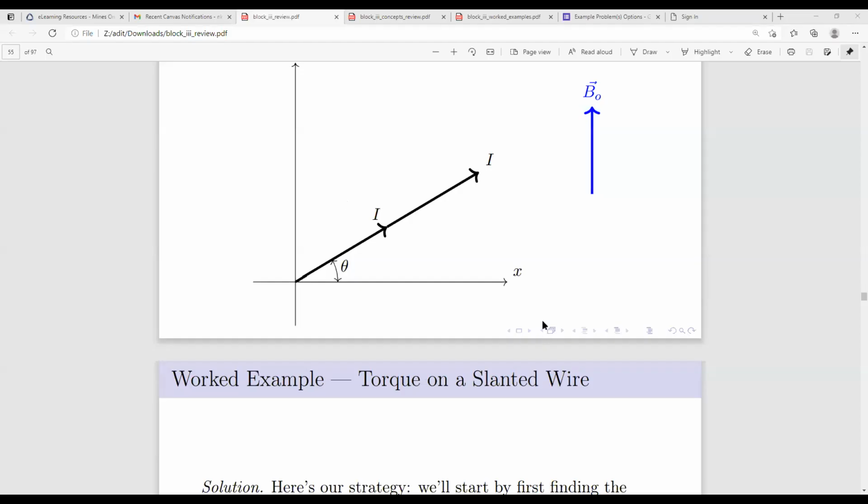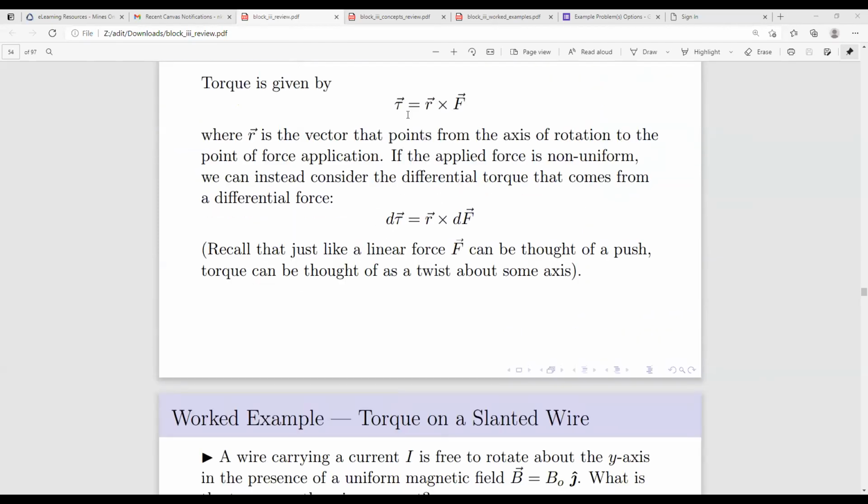Two quick things to add. I thought that was an awesome explanation by Tyler. But if I share my screen real quick, just two quick points that often confuse people. The R in the torque equation is not the same R that we use in the Biot-Savart law in block 3.